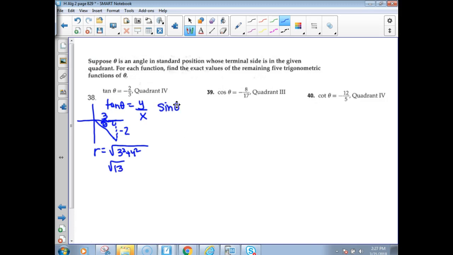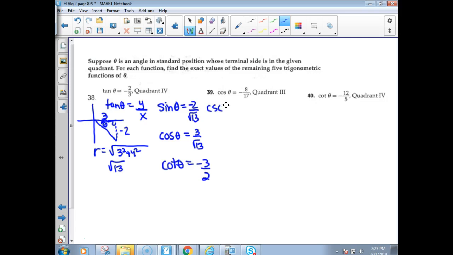Sine of theta is y over r, so negative 2 over the square root of 13. Cosine of theta, x over r, so 3 over the square root of 13. The cotangent of theta we get from just flipping over the tangent, negative 3 halves.